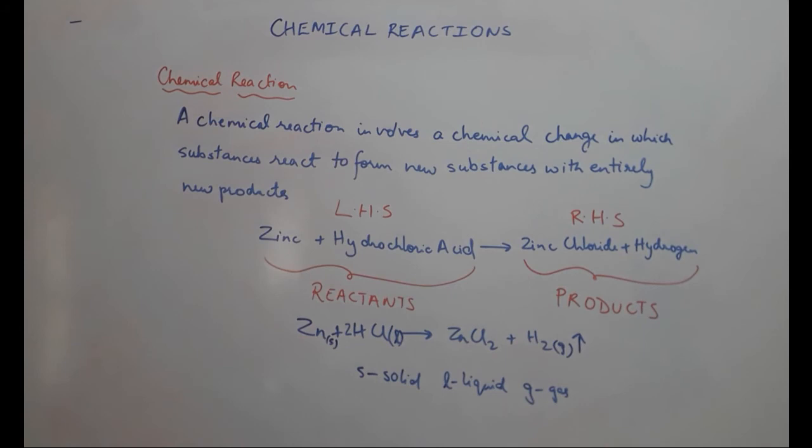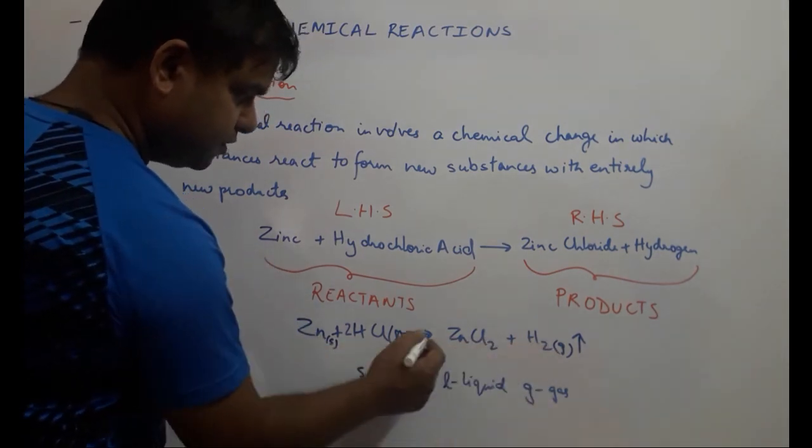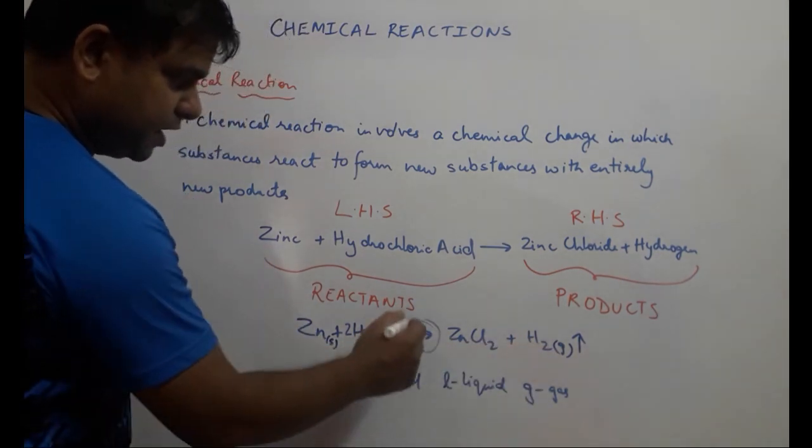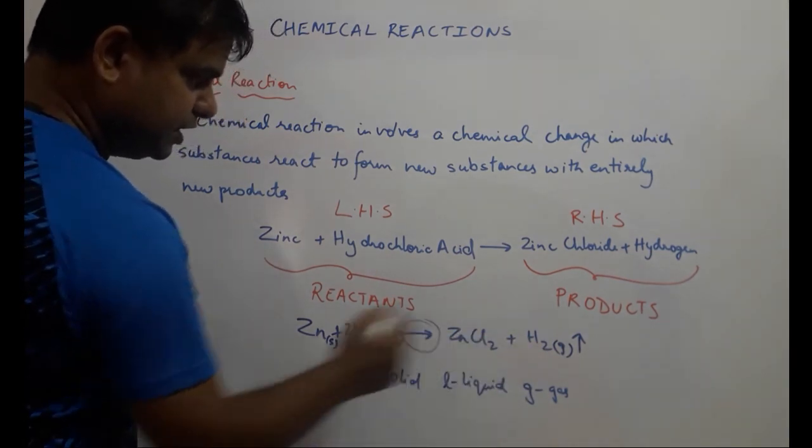So chemical equations are just symbolic representations of a chemical reaction. A chemical reaction involves a chemical change, as we have said, and when the two reactants react, then we get a product. Okay, and always notice that the reactant side is separated from the product side with the help of an arrow, and the direction of the arrow tells you in which direction the reaction is proceeding.